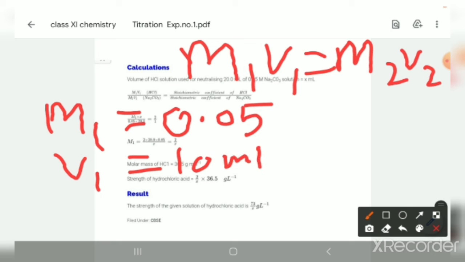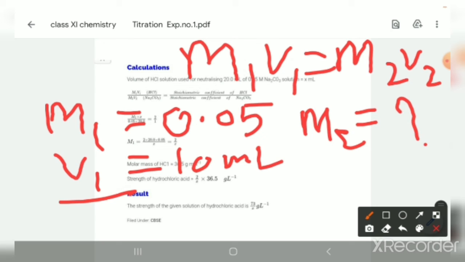This is the volume measured with the help of the pipette. And M2, which you have to find, is the molarity of the HCl, and V2 is the volume of the HCl, which is 10 ml, noted from the burette. The unit will be ml.